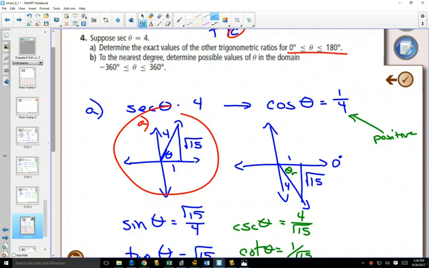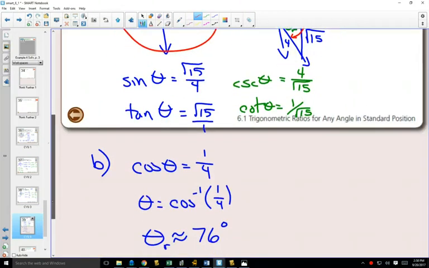From negative 360 to 360, that includes 0 to 360, and we got this answer in quadrant 1 and this answer in quadrant 4. But we also have to think about our negative angles, so that would be like going from 0 to 360 in the negative direction. So going in the negative direction, what would be coterminal with 284?